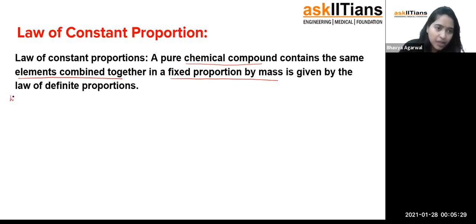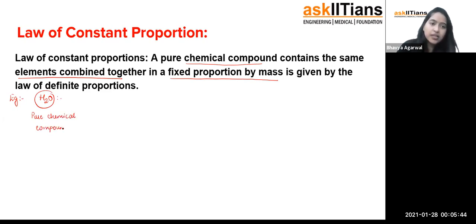For instance, I talk about water. So this is a pure chemical compound, as per the definition, it contains the same elements. Elements are hydrogen and oxygen together in a fixed proportion by mass. So what is the mass of hydrogen?